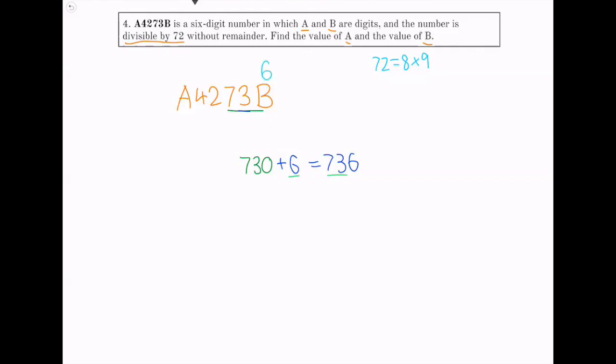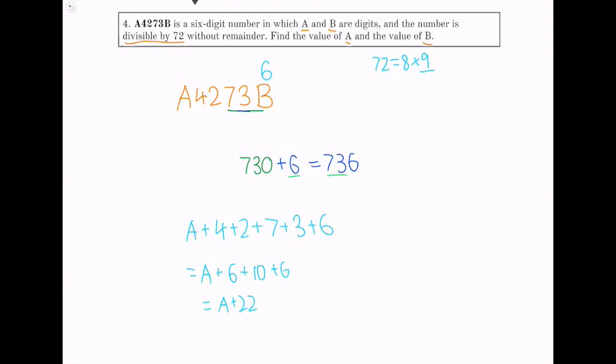Now what about a? How can we find the value of a? It has to be divisible by 9. So we can just sum the digits. A plus 4 plus 2, 7 plus 3 plus 6, which is a plus 6 plus 10 plus 6, a plus 22.